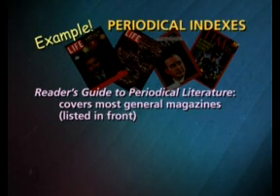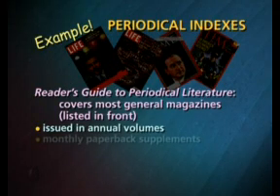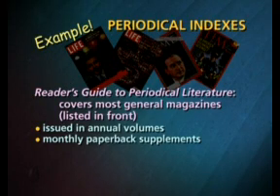So pull out any volume of the Reader's Guide, look in the front, and you'll see the complete list of all the magazines that are covered. And the most popular general magazines, from Life and Time magazine right on down, will be included in the Reader's Guide. It's issued in annual volumes with current paperback supplements that are issued monthly. So you can look up any particular year and see how a topic that was in the news was being covered in magazines at that time.